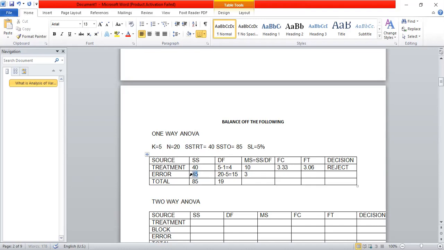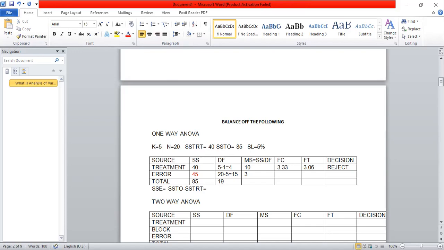Then how did we calculate the sum of square error? It was a difference. Sum of square error was found by sum of square total minus sum of square treatment.